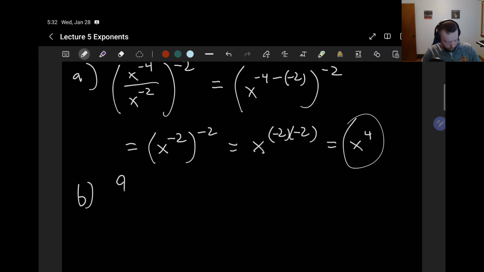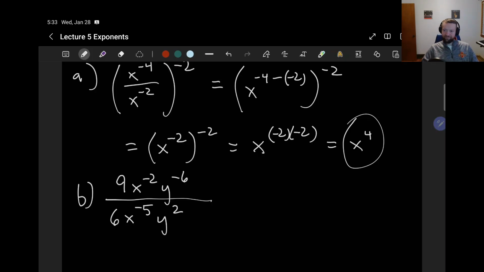Part B. So we have our constant factors and we have our x factors, our y factors as well. What I want to do is begin by separating each of these. I wouldn't say you have to do it this way, but it helps you tame this beast a bit.